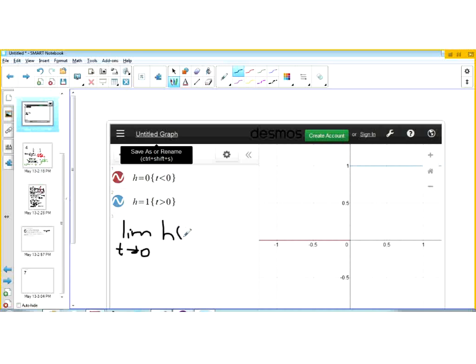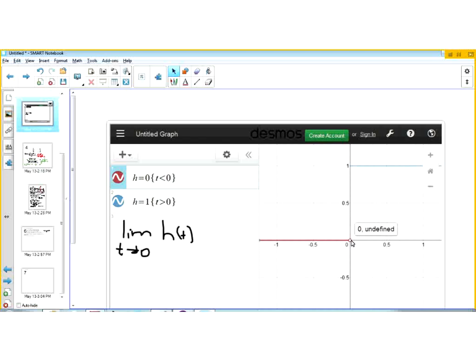And this is the graph of h of t. All right. So clearly, as we walk along the graph, okay, you see the output? So as I walk along towards 0, I mean, my t values are approaching 0 from the left. The output is held steady at 0.